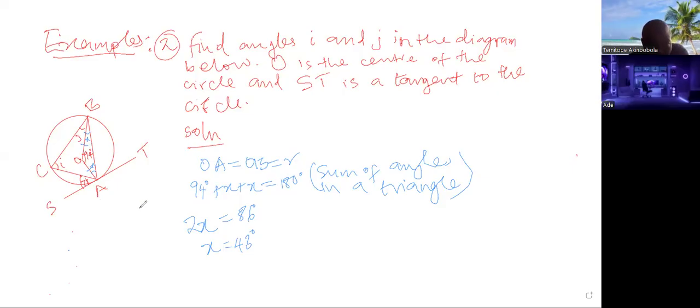Understood? So J plus X equals 78. Your claim was that J is 78. No, it's now J plus X that is 78. Why is this so?